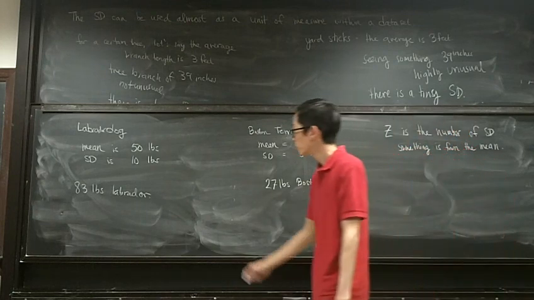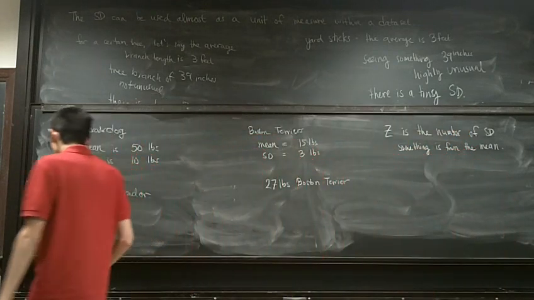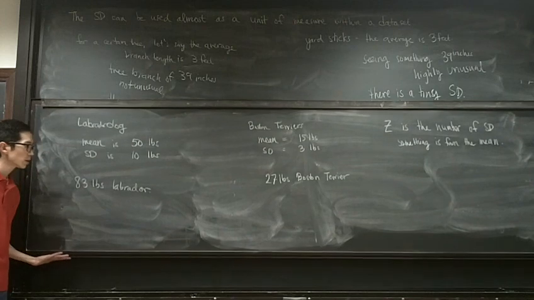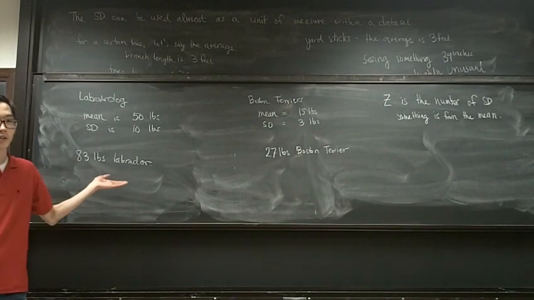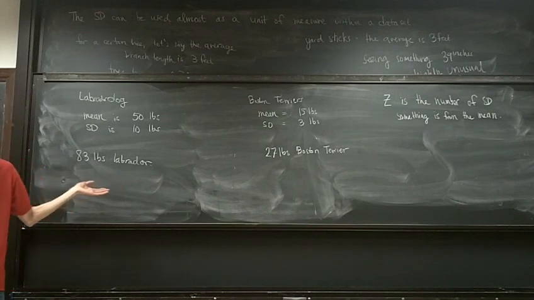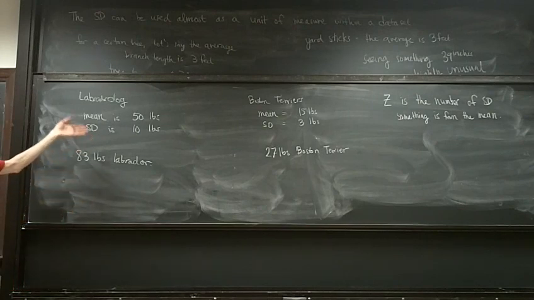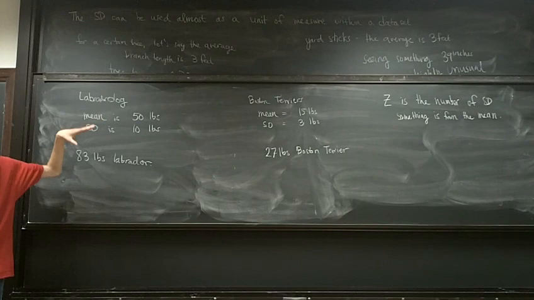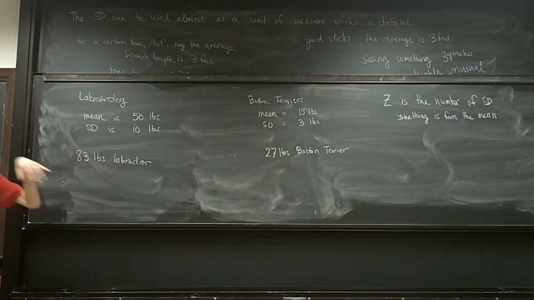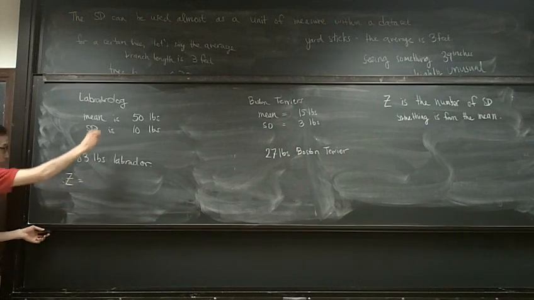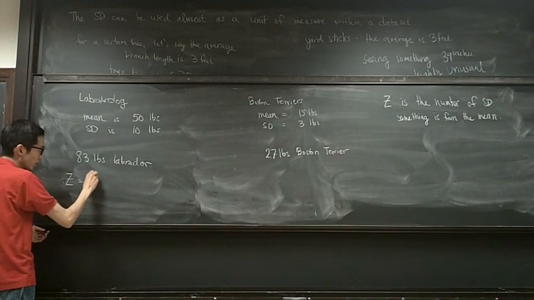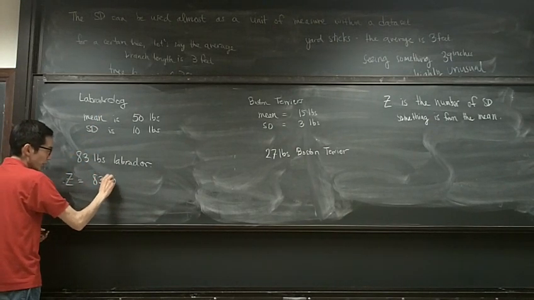Okay? So, the Labrador dog, this 83-pound Labrador, how much bigger than the mean is it? It's 33 pounds more than the mean, and how many standard deviations is that? It's 3.3, okay? So for a z-score, we take the weight of the Labrador and we subtract off the mean.